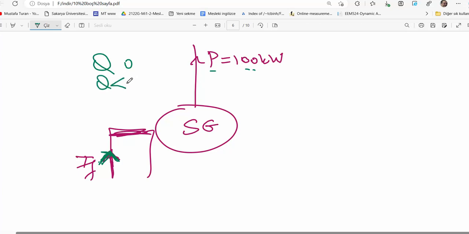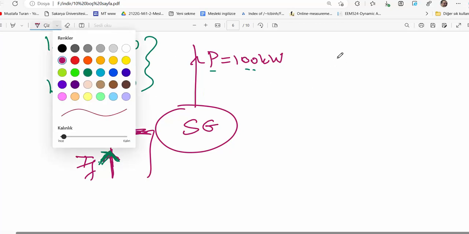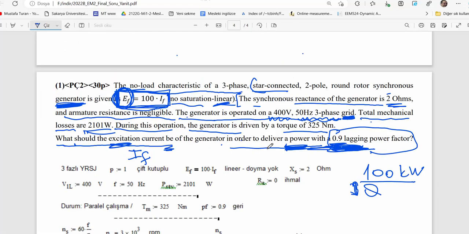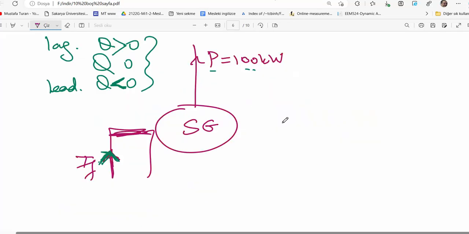Reactive power will be leading or lagging. But here in this case, in the question, it is given as a power factor of 0.9 lagging.